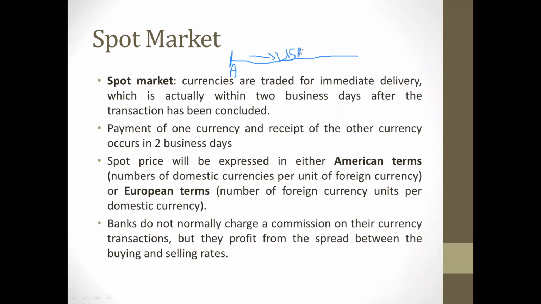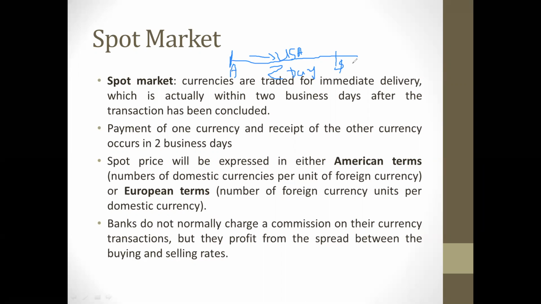Then after 2 days, we receive our payment in dollars, right? The maximum transaction settlement period is 2 business days or 2 working days, right? It's happening today, and within the next 2 days, the transaction settlement is going to be over, right?